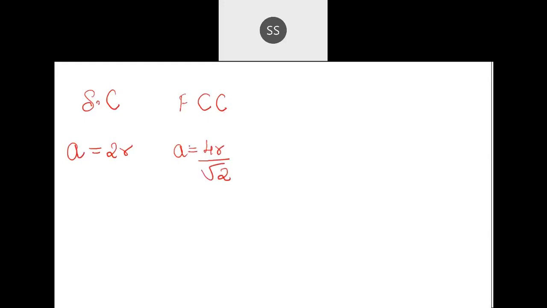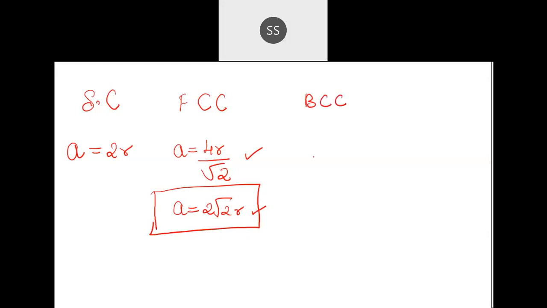You can even simplify and write it the other way, as A equals root 2 times 2R. This is the relationship between edge length and radius for FCC. And the last one was BCC, where the relationship was A is equal to 4R by root 3.